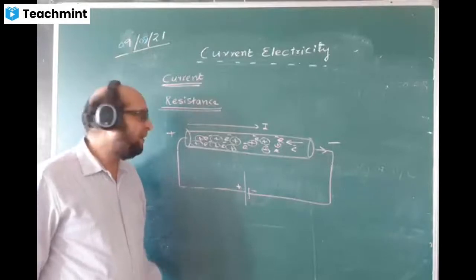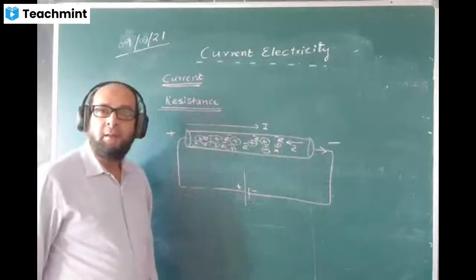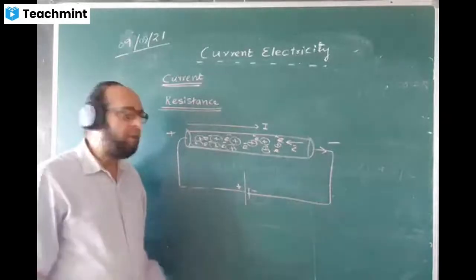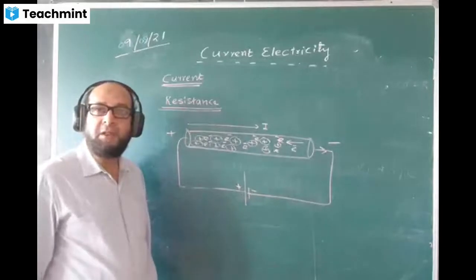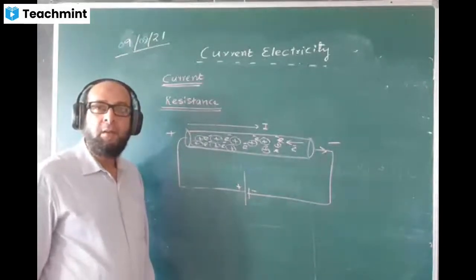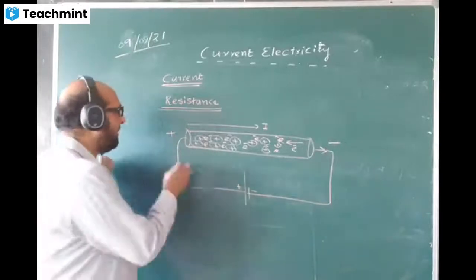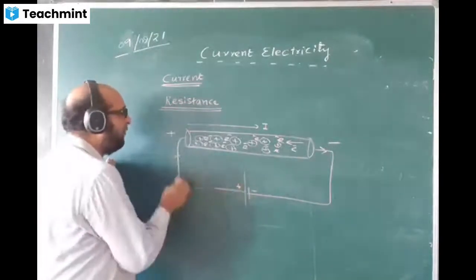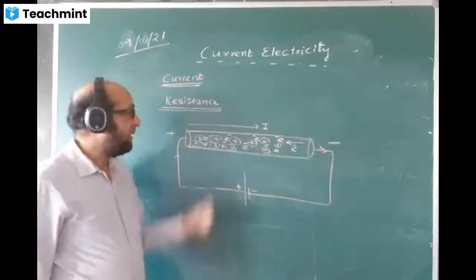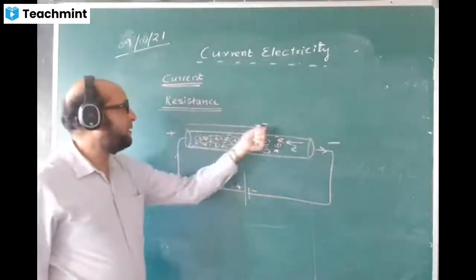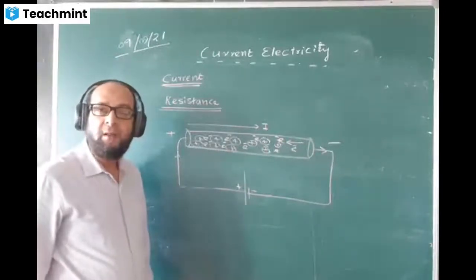Conventional current direction will be from positive to negative in a circuit. In a cell, one side we keep positive, one side negative, to maintain potential difference. I'm marking the direction of current like this, whereas the direction of motion of the electron is like this.